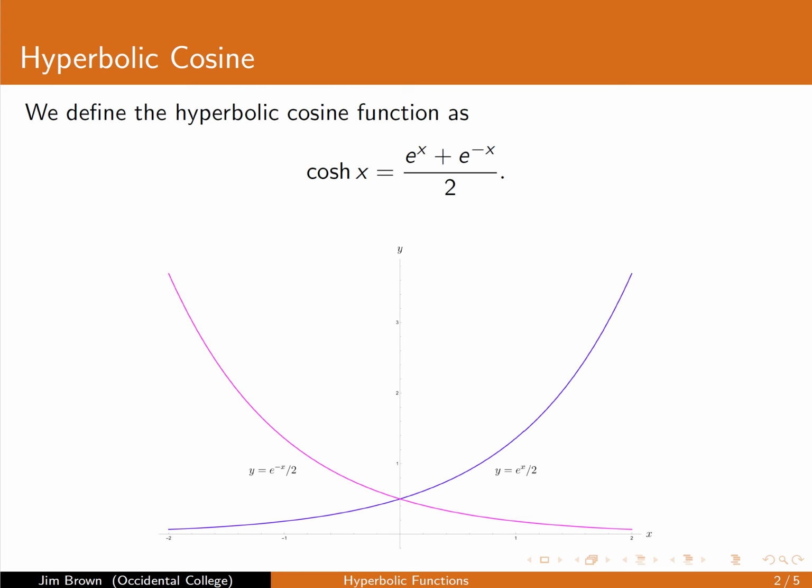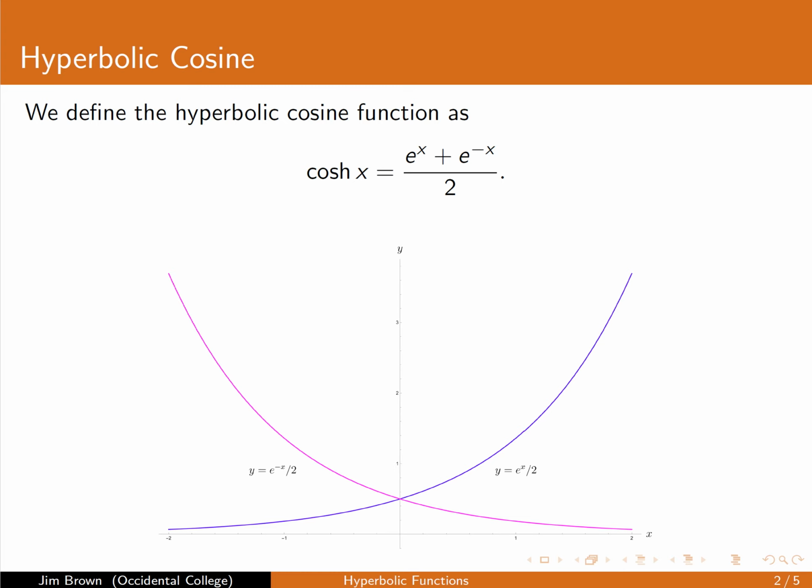So we see here the two different pieces of the hyperbolic cosine function, the e to the x over 2 and e to the minus x over 2. And now we can see what we're doing is we're adding these two functions together to get hyperbolic cosine. So what's going to happen here is these are both at 1/2 when x is at 0. So if we add those, we're going to be up here at 1.